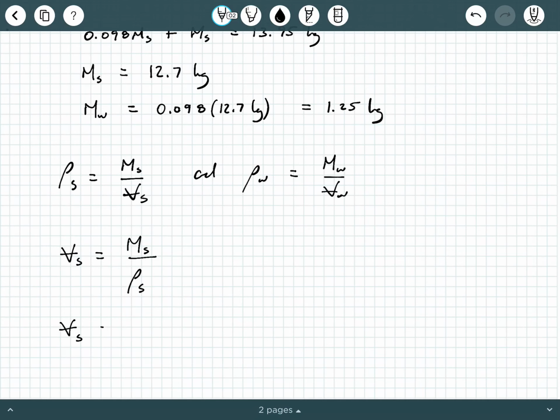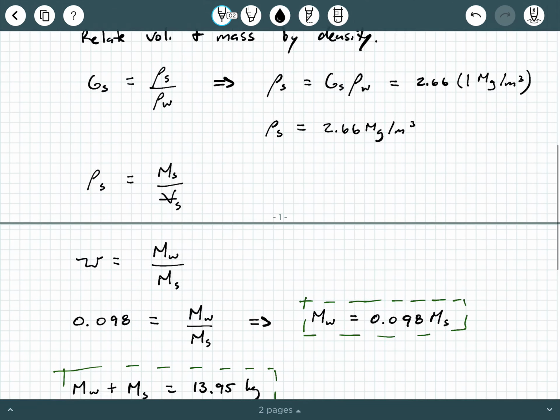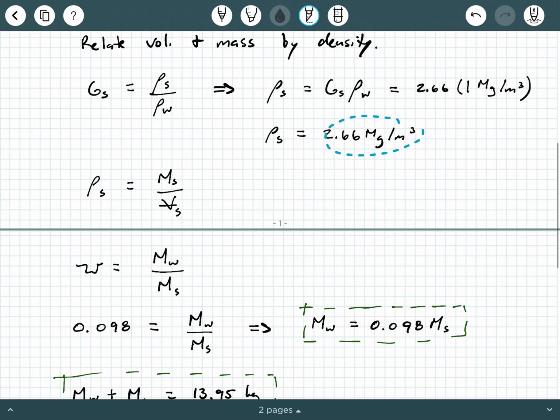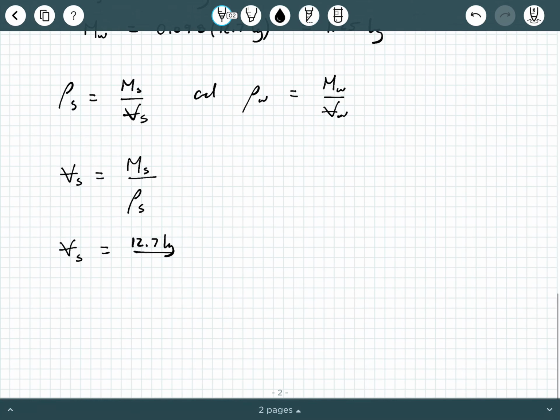And my volume of soil solids is equal to, what's my mass of soil solids? Well, I just calculated that. That's that 12.7 kilograms. And what's the density of soil solids? I figured that out earlier, didn't I? 2.66 megagrams per meter cubed, okay? So if I got 2.66 megagrams per meter cubed, watch your units. You need to go 2,660 kilograms per meter cubed, okay?